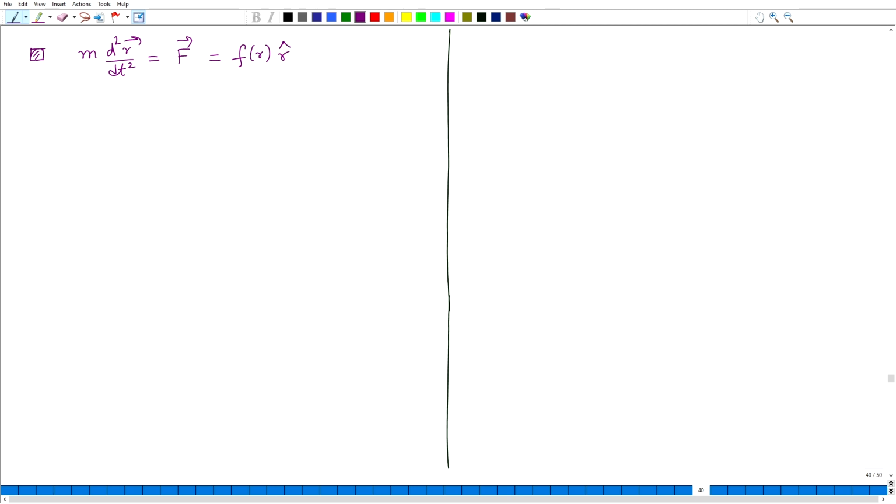Since this is the total acceleration vector, I can know from my knowledge of this 2D motion under a central force that this acceleration will also be in a 2D plane. So, I can write the whole acceleration as a_r r cap plus a_theta theta cap.